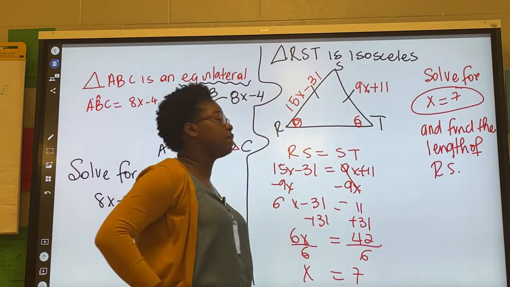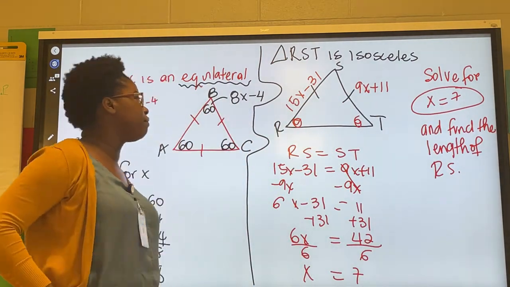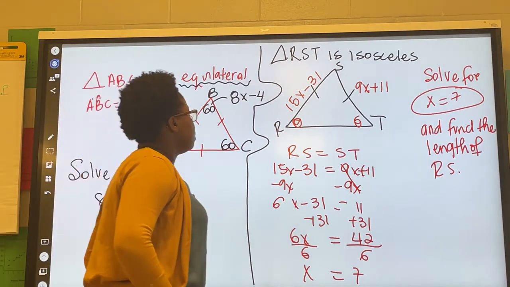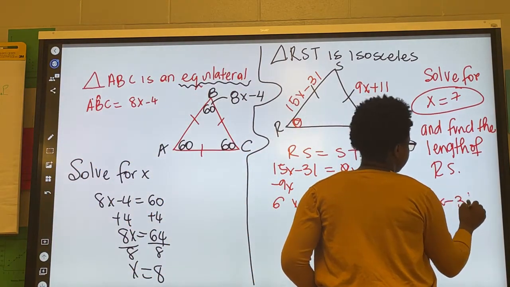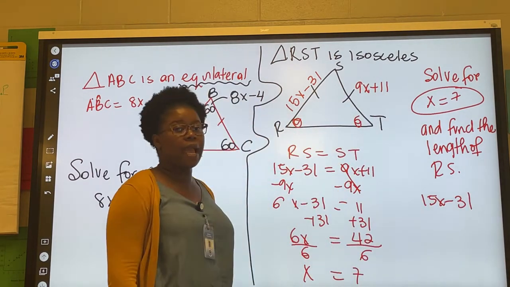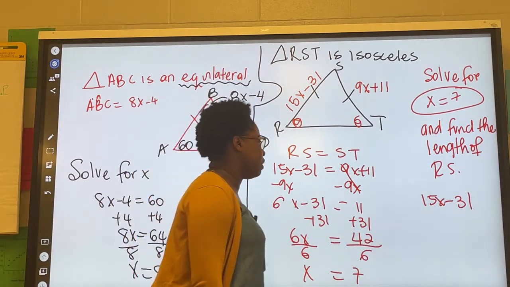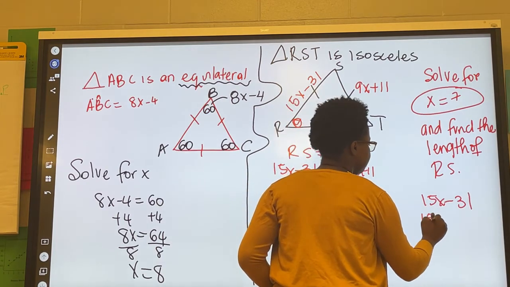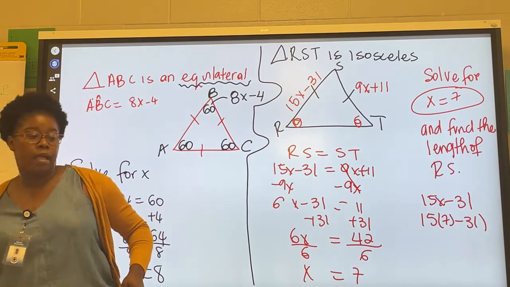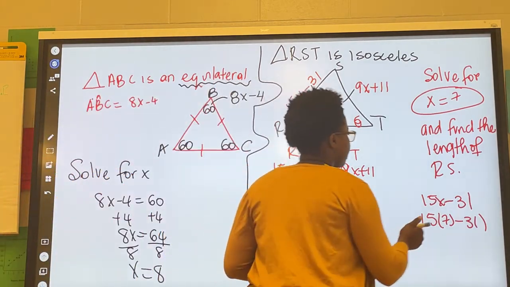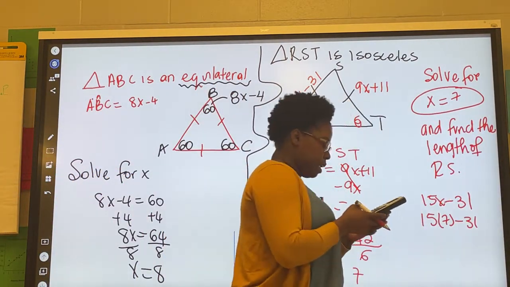So solve for x. Next, to find the length of RS. So RS we know was 15x minus 31. So where we see x, we basically put 7 to simplify. So it's 15 times 7 minus 31. And I don't know that in my head, so we're going to use a calculator.